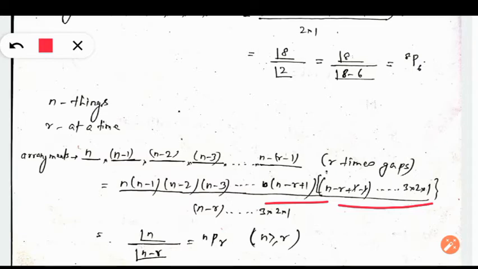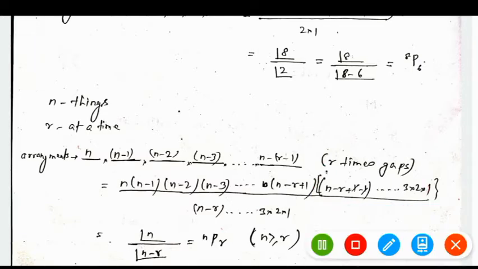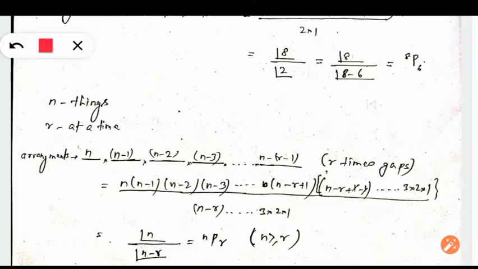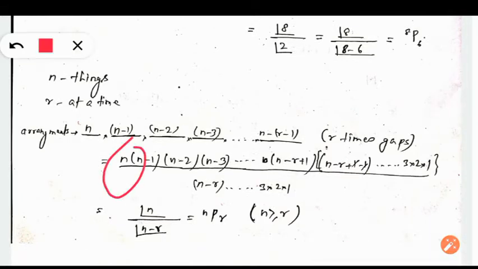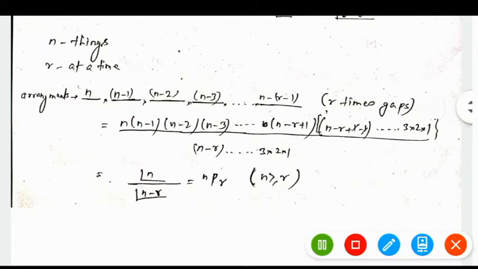So this bracket I have used here, these factors are extra, right? That is why I have to divide by those extra factors. So your extra factor here is n minus r, dot dot dot, till 3, 2, 1. Now if something starts with n and ends with 3, 2, 1, that we call n factorial.